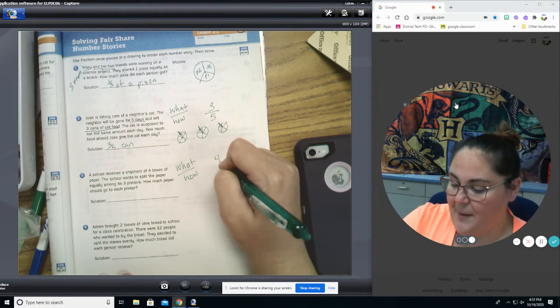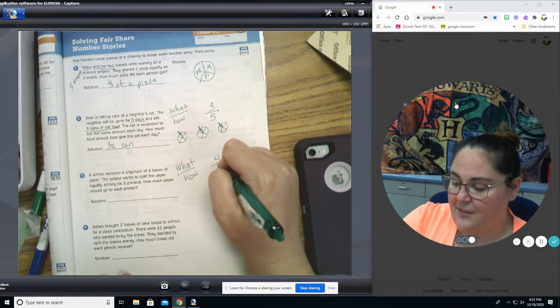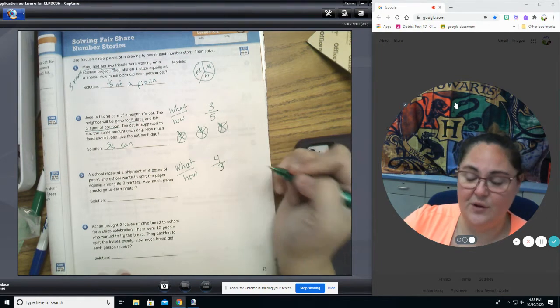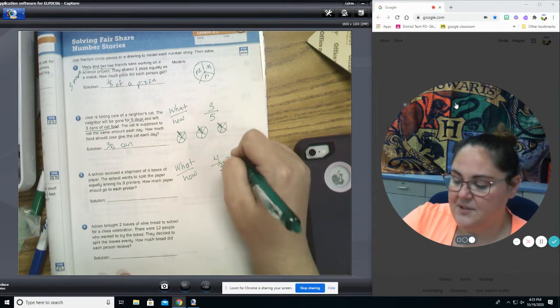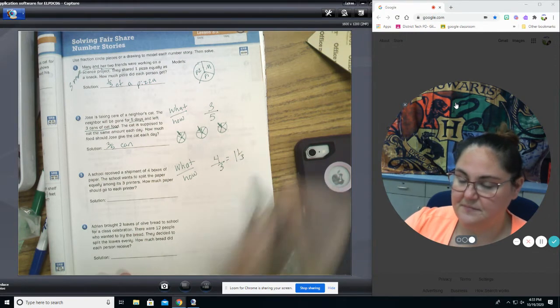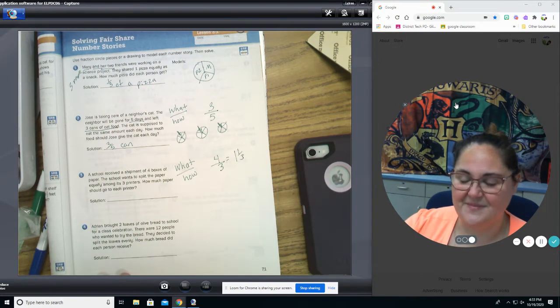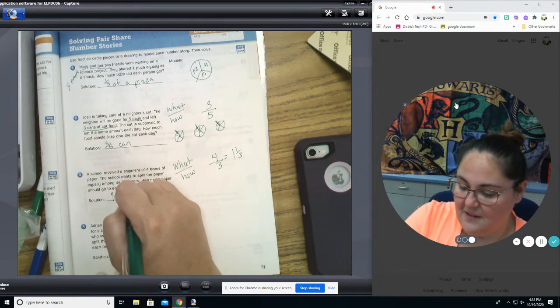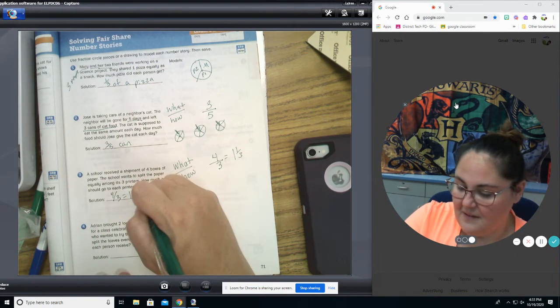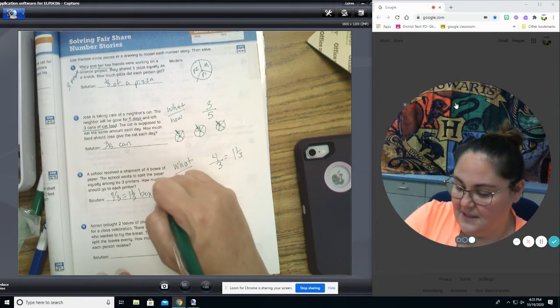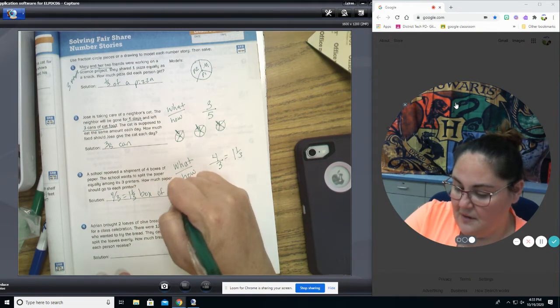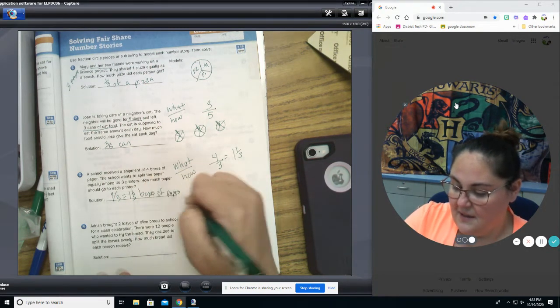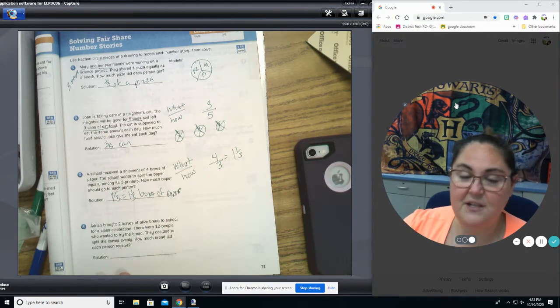So 4 boxes of paper divided by 3 printers. 4/3, also could be 1 1/3 boxes of paper. Make sure that you always have a label.